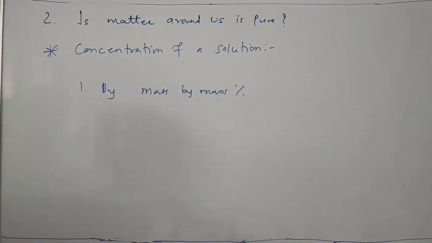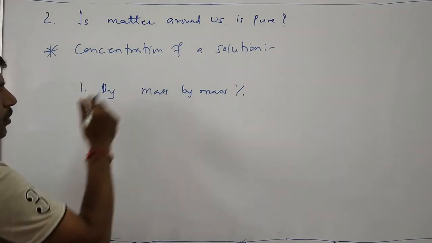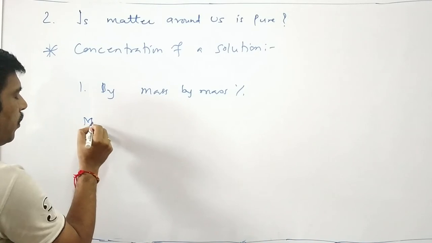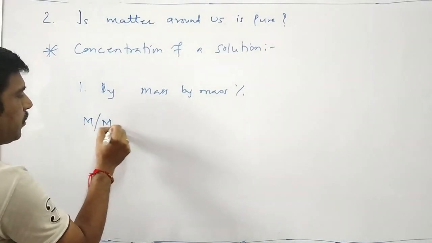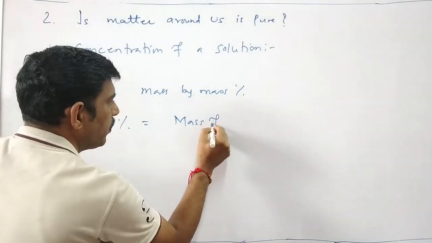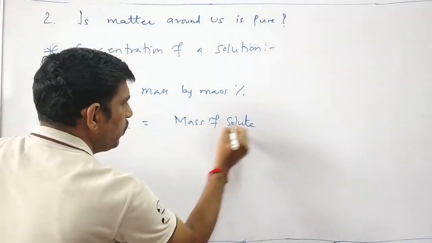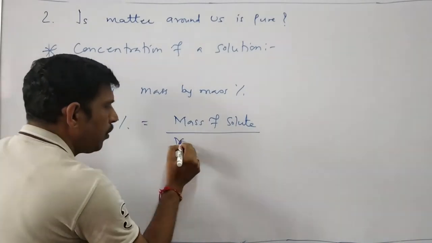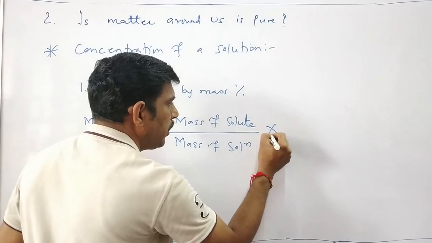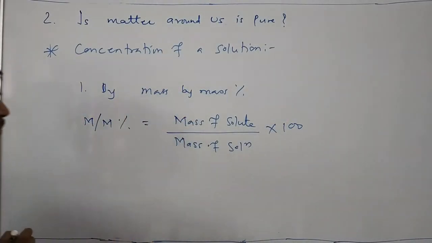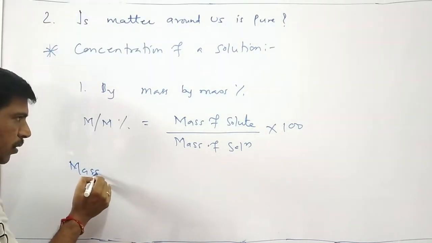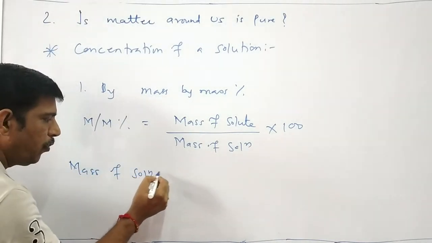So concentration of a solution by mass percentage. Mass by mass percentage is equal to mass of solute divided by mass of complete solution multiplied by 100. So here the mass of solution, how we calculate it?